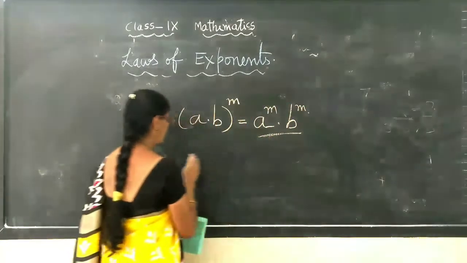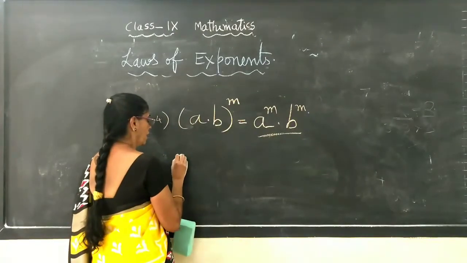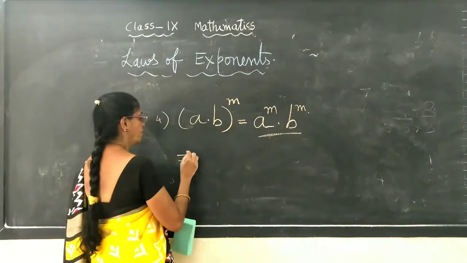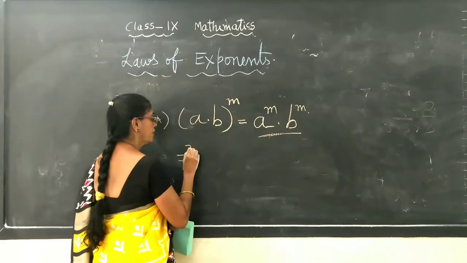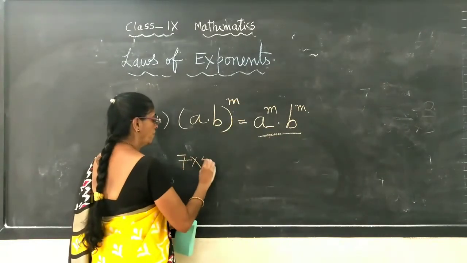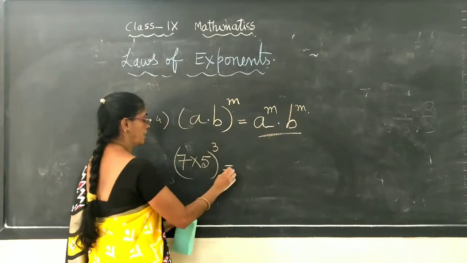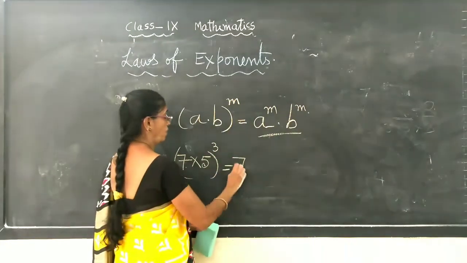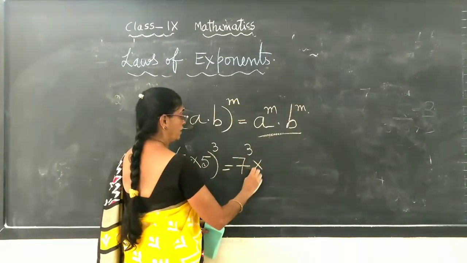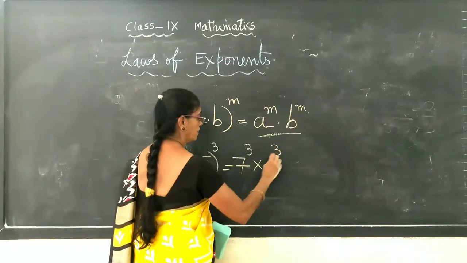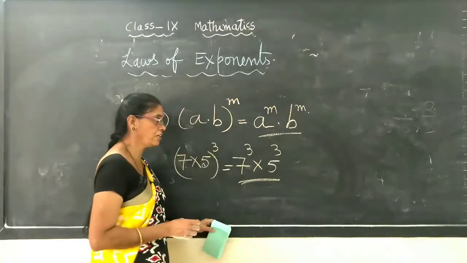An example: 7 into 5 to the power of 3 is 7 to the power of 3 also into 5 to the power of 3 also. That is the meaning.